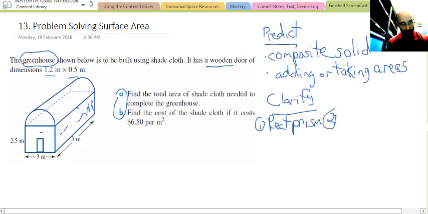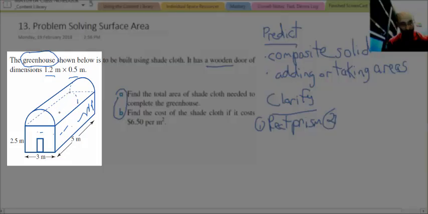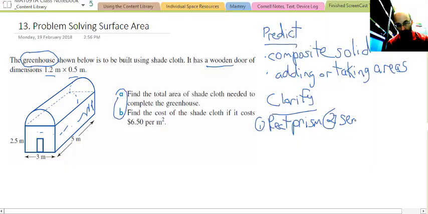We've got this dome shape on the top here on the roof. Well, I'm going to assume that that is a half of a cylinder, or a semi-cylinder. That's a bit of an assumption because you don't know if it is exactly a half or if it's close, but I'm going to assume that because we don't have any further information, so it's reasonable to assume that.